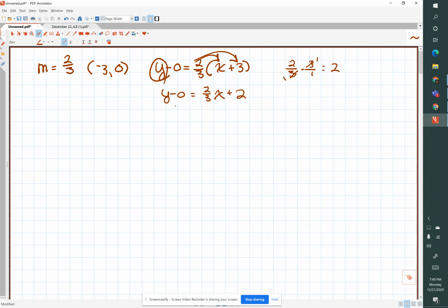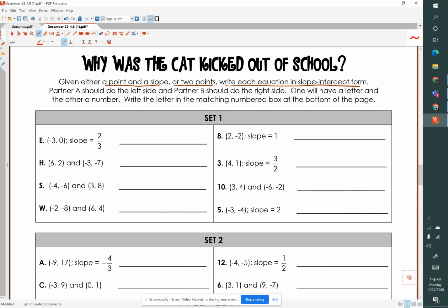So that would be, and it's a positive times a positive, so it would be a positive 2. And there's no need to add 0 to both sides because it doesn't change anything. So you really don't need to do that. So let's erase that. So what we end up with is we just rewrite this without the 0. Y equals 2/3 x plus 2. Okay, now where does that go?